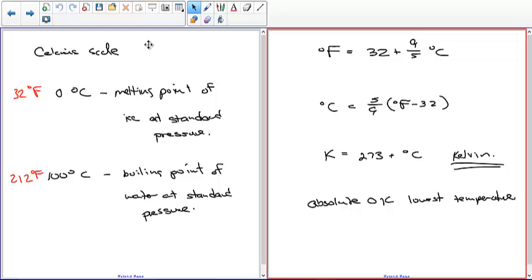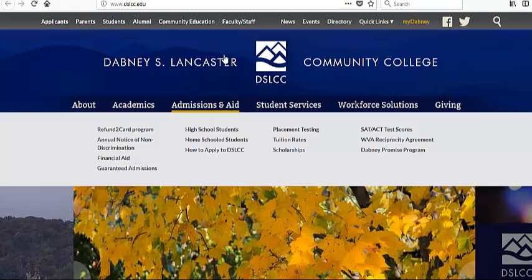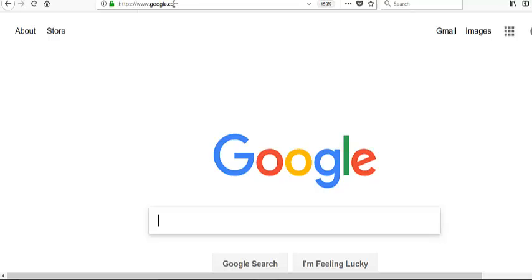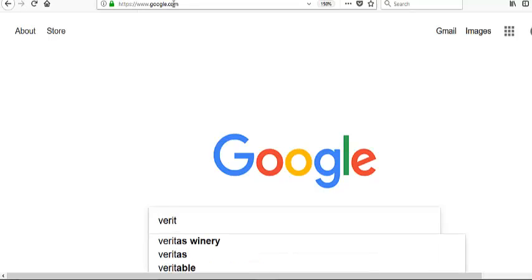So let me find this video, watch a little video here about perceived temperature. I'm going to open up YouTube here. Actually, what I'm going to do is do this. So we have Veritasium temperature.